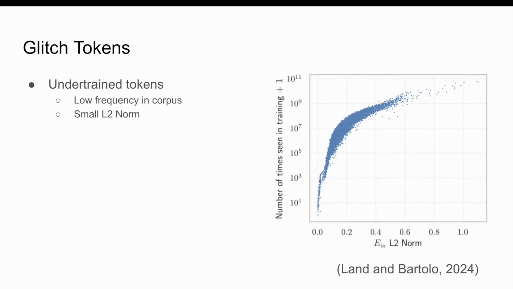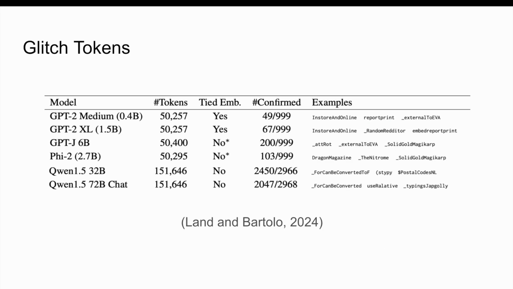Glitch tokens are often undertrained tokens, so they have a really low frequency in the corpus, and their embeddings aren't trained very well. These are indicated in the lower left-hand corner of this plot. As I said, this can lead to unpredictable model behavior. Just to give an example of what this looks like, these are some identified glitch tokens in different models. Probably the most famous example is this solid gold magic carp token.